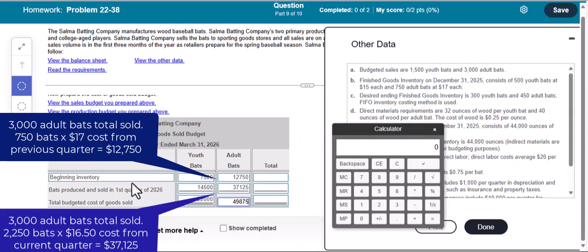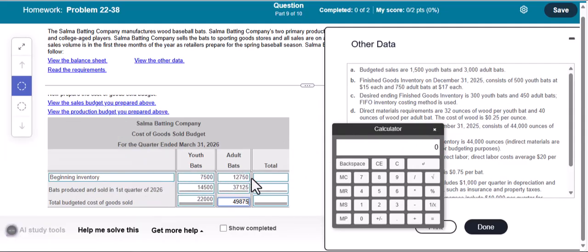And then we can add the beginning inventory across this way to get our totals here. So again, beginning inventory is going to be 20,250 for all of the bats added together. And then the bats produced and sold in the first quarter of 2026 is going to be 51,625.